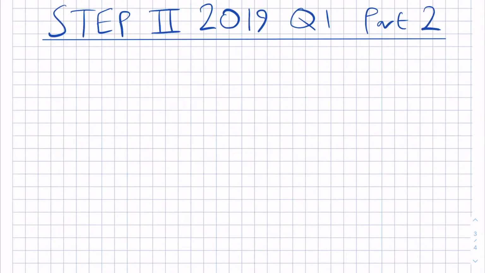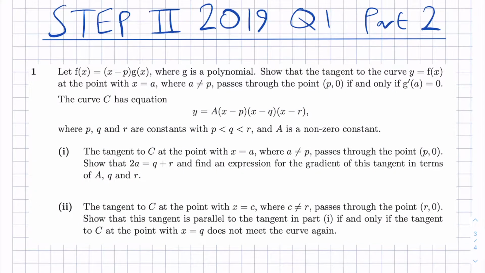This part of the question says, the curve C has equation y equals A(x minus p)(x minus q)(x minus r), where p, q, and r are constants with p strictly less than q, strictly less than r, and A is a non-zero constant.